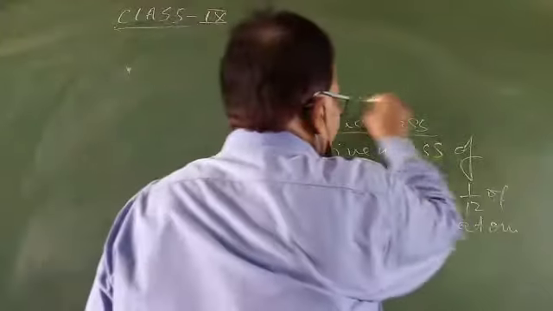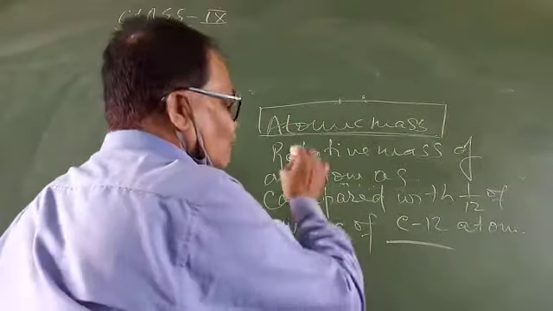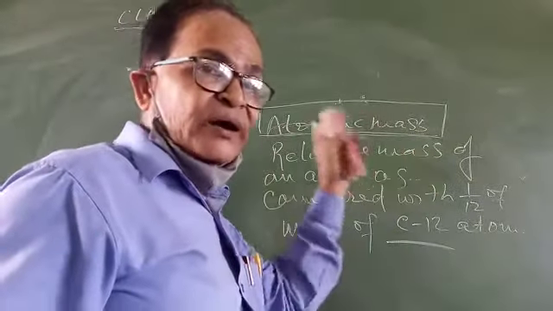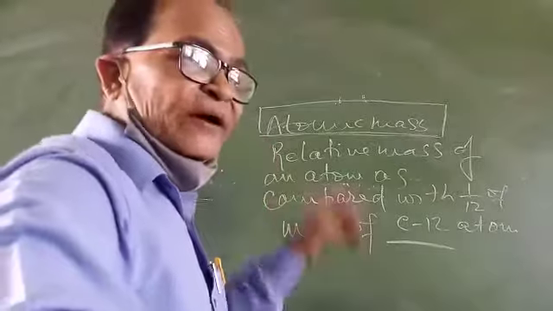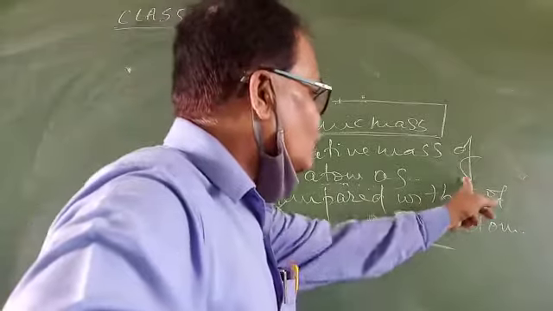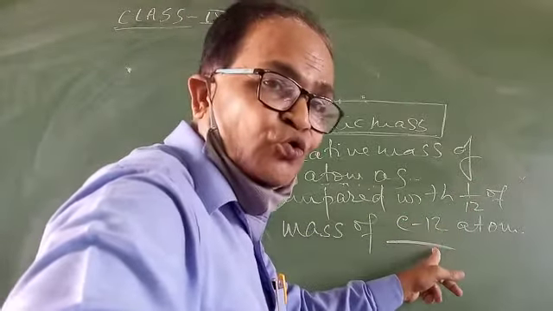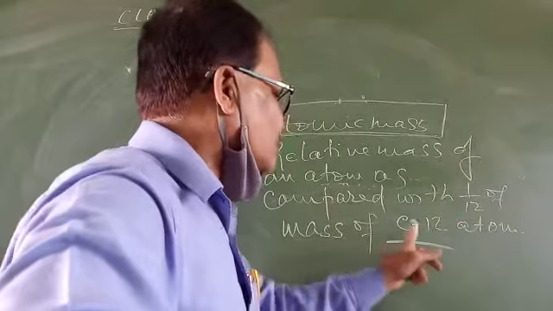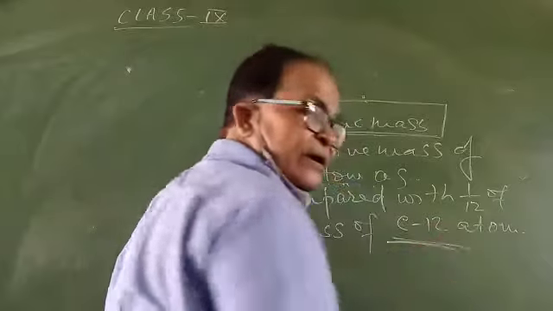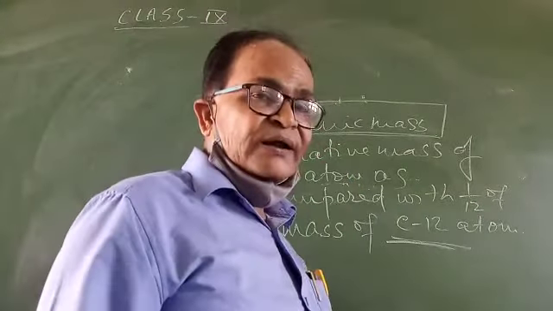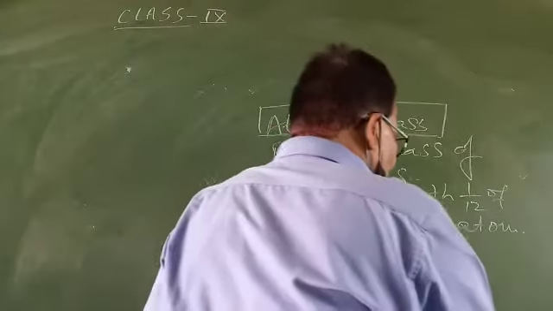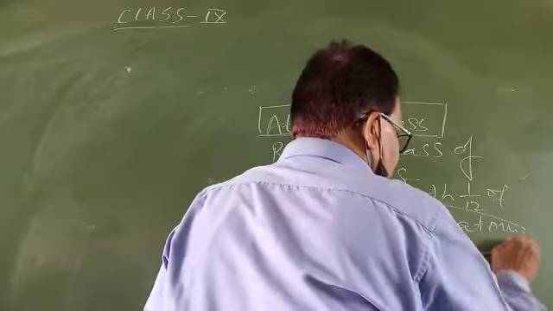So we can define the atomic mass of an element as the relative mass. Relative mass means with respect to a standard unit. The 1/12 of the mass of the carbon-12 isotope is taken as the unit, and the masses of atoms of other elements are represented with respect to this mass.